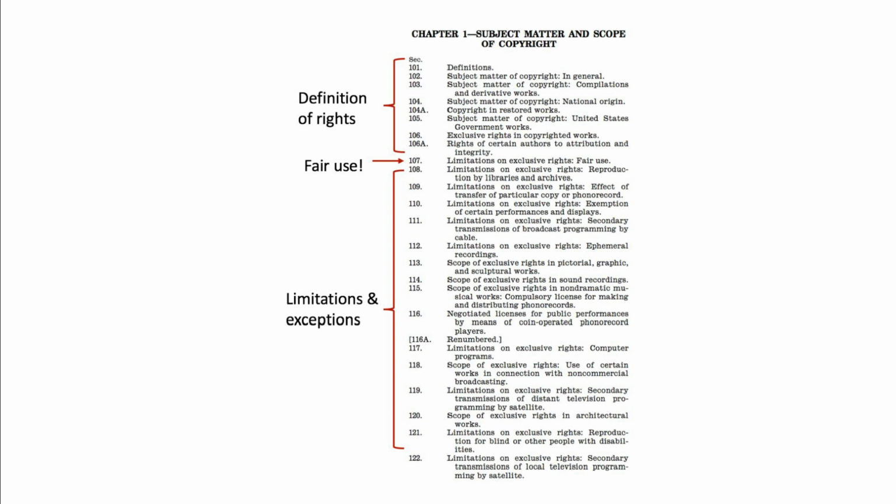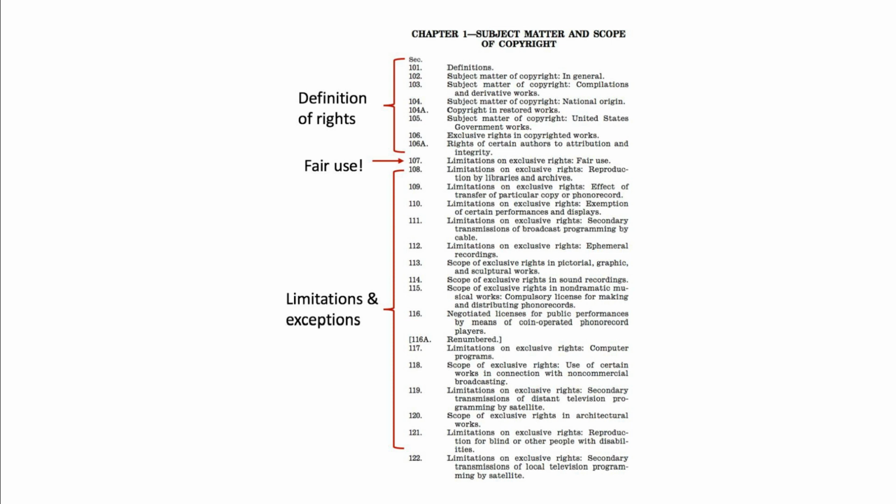If you took those terms literally, it would pose a lot of problems for the work that libraries do, and creators and others. And so what Congress did was they set up this structure where they said, we're going to grant these really broad rights, but we're also going to include checks on those rights, limitations and exceptions to those rights. And that's what you find littered throughout the bottom part of this chapter.